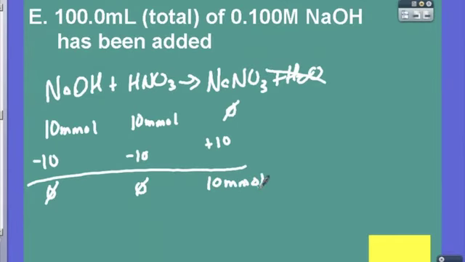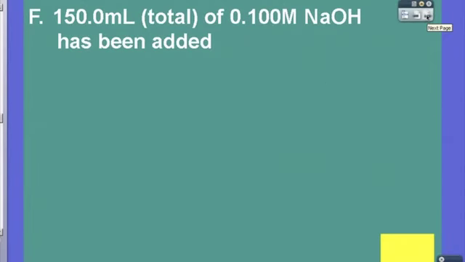So we're left with 10 millimoles. Our total volume is 150, but if you look at what we're left with, a neutral salt. So the concentration of that neutral salt doesn't really matter because it's not going to affect pH. The only thing I'm left with is something neutral and water, so my pH must be 7. And notice we're also at the equivalence point because we had equal amounts of acid and base.